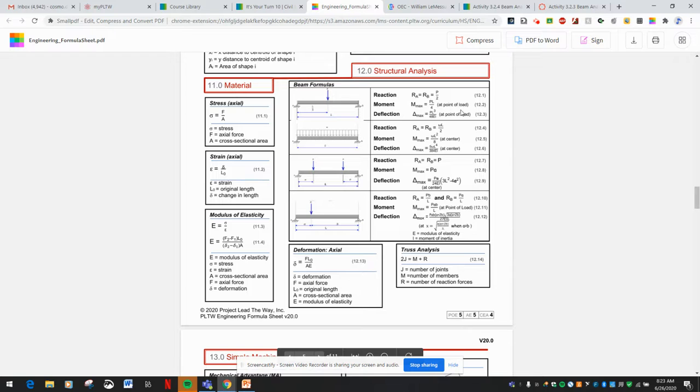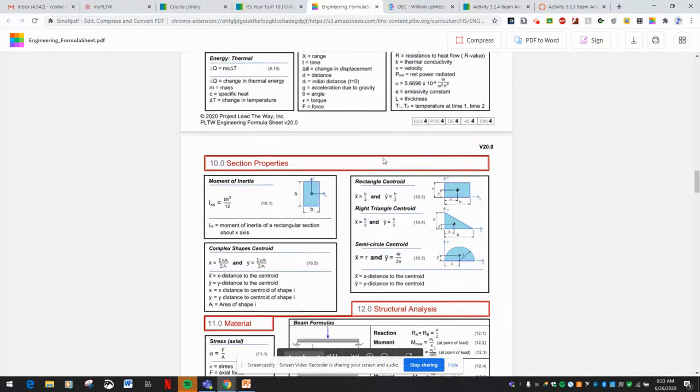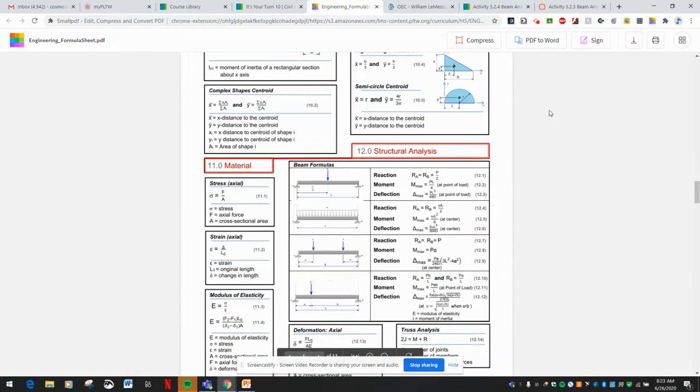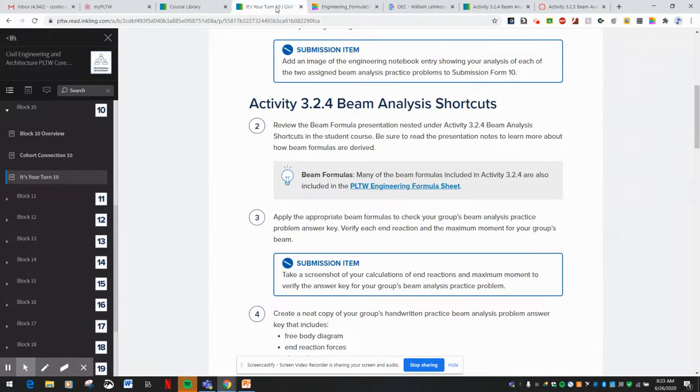As you can see, when we go through to do beam design, we're going to be getting into some heavy duty calculations. That will be Monday when we go into block 11. But I wanted to show you where this is in the formula sheet.